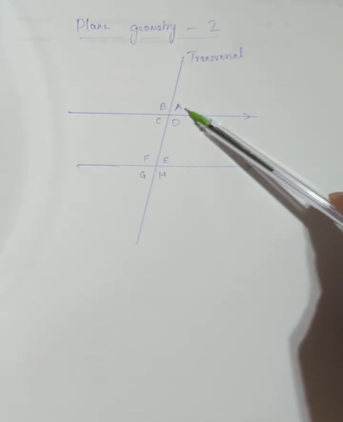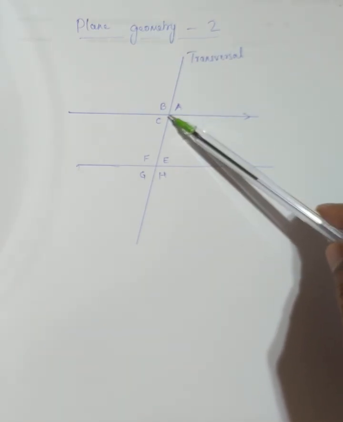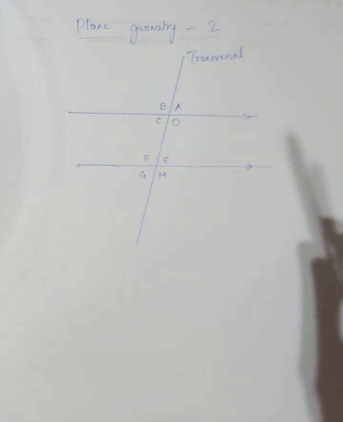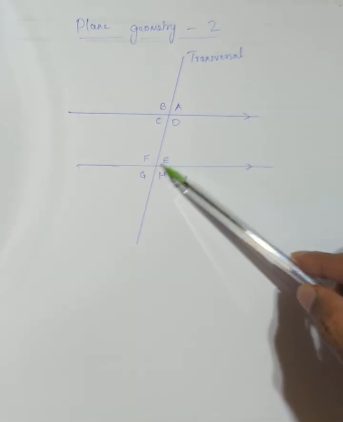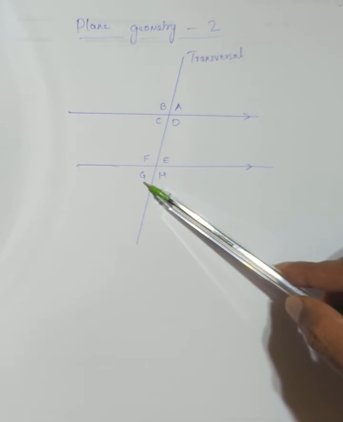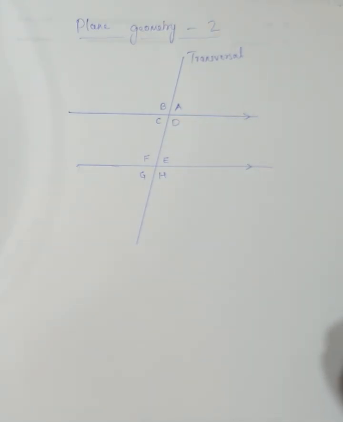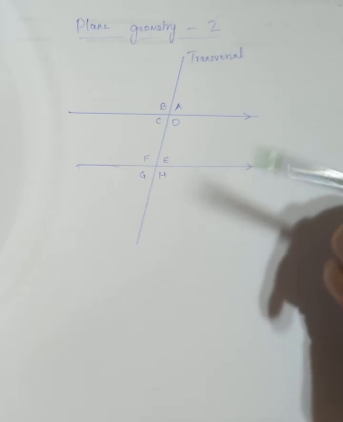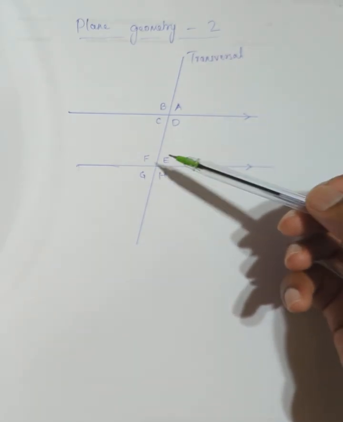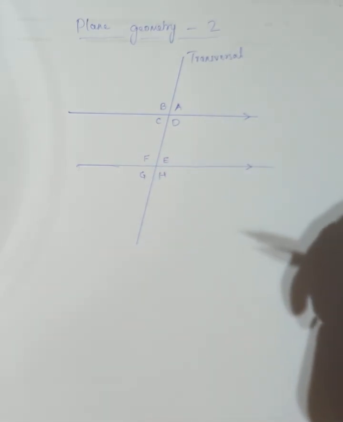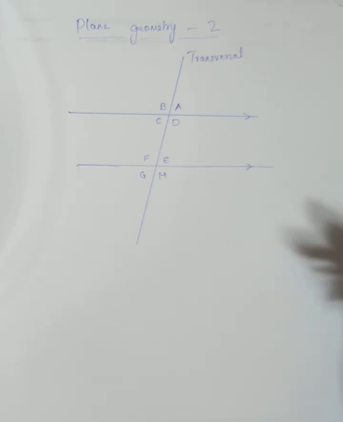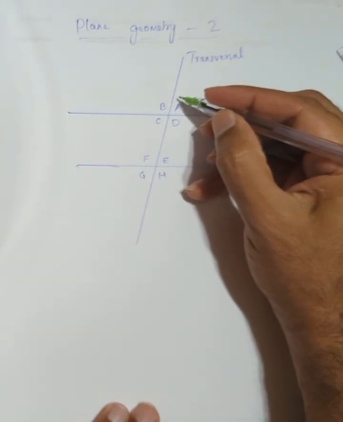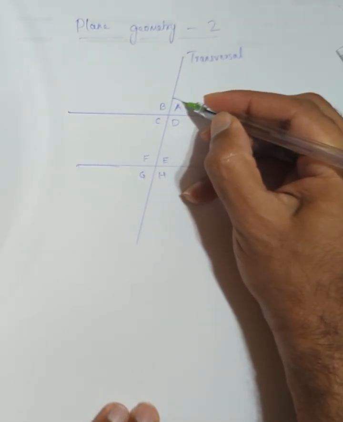Angle A is acute. You can see it's less than 90 degrees. And so is angle E, and angle G, and angle C. So there are 4 acute angles. And you also notice that those acute angles will all be equal. And if two angles are equal, then we denote them by using an arc.